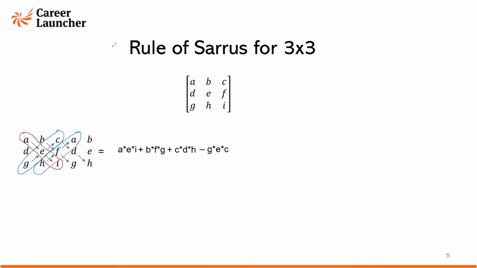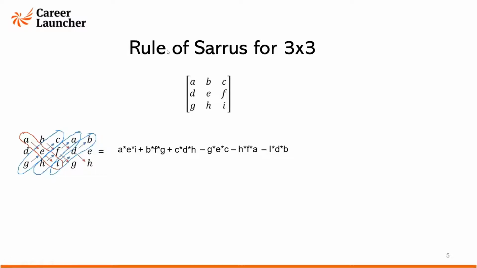Again, it's in the opposite direction, so negative. Finally, the last diagonal available, IDB, and again it's in the reverse direction compared to the initial three, so it is negative. And here you will get your final answer. All right, so this is called the rule of Sarrus.